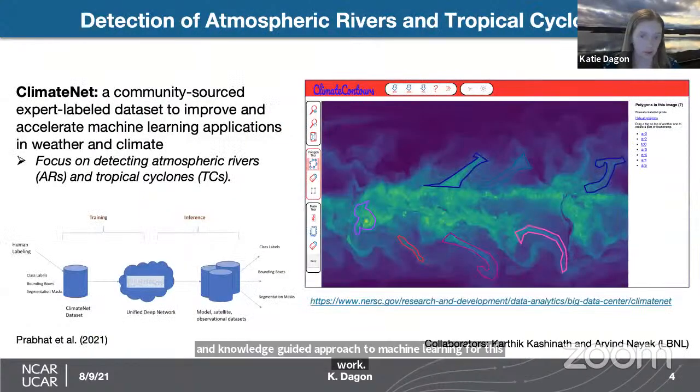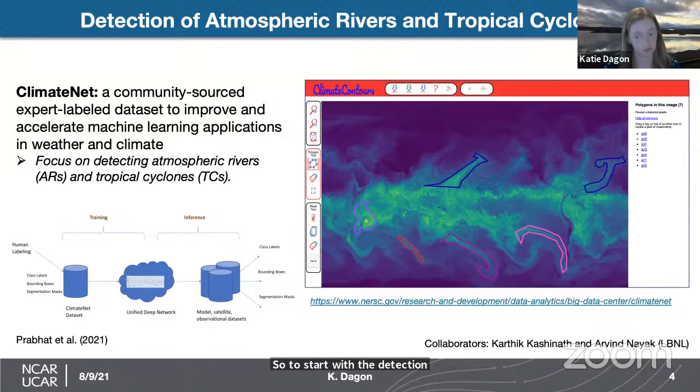So to start with the detection of atmospheric rivers and tropical cyclones, we're leveraging an existing project called ClimateNet, which is based at Lawrence Berkeley National Lab. And we're collaborating with Karthik Kashinath and Arvind Mahesh on this work. And so what they've done here is created this really unique community-sourced, expert-labeled data set to detect atmospheric rivers and tropical cyclones.